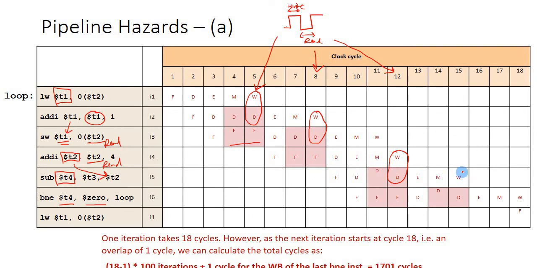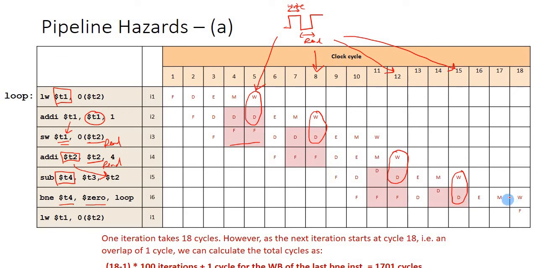So again, I'm having the same scenario over here. The write back stage of I5 will complete in cycle 15, and in the same cycle, instruction 6 can do the decode. And once that is done, I will be able to carry on.